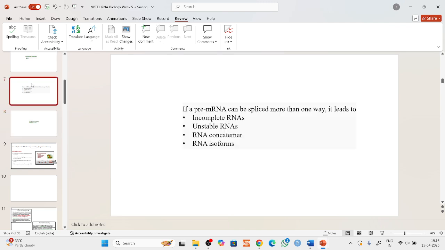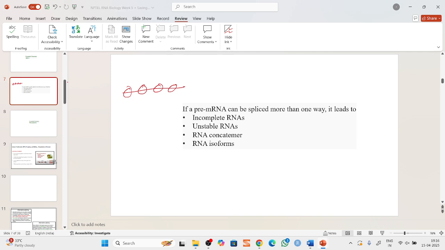So what is the meaning of incomplete RNA? Incomplete RNA means the coding sequences which are needed to make the complete RNA are missing. But that is not the case here, because whatever sequences are there are already present. It's not an incomplete RNA; it has been spliced in a different way.